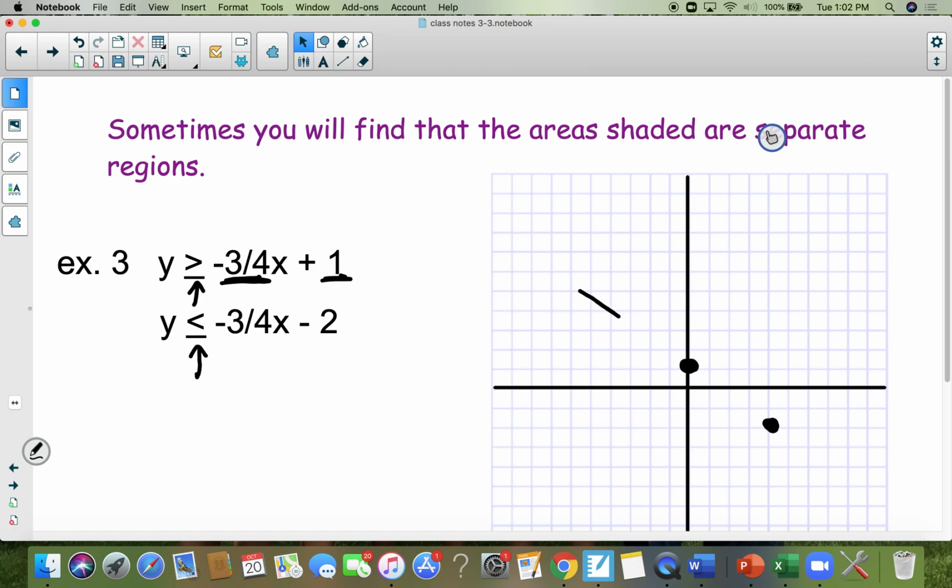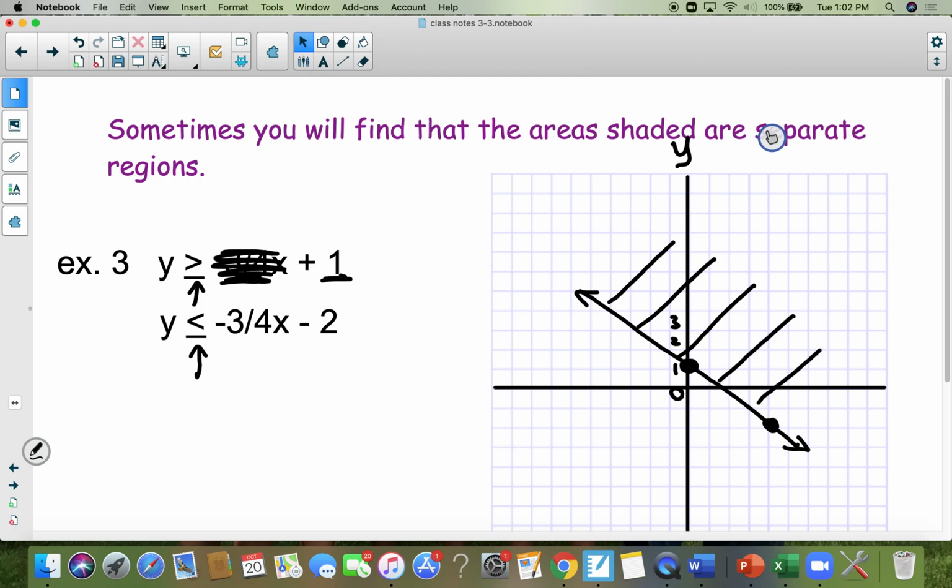And it's a solid line, and I told you why it's a solid line, because there's a line underneath it. I like to cover this up. Y needs to be greater than or equal to 1. Well, here's the y-axis, and here's 1, and here's 2, and here's 3, and here's 0. Which numbers are greater than or equal to 1? 2 or 3 are, so I shade this side of the line.